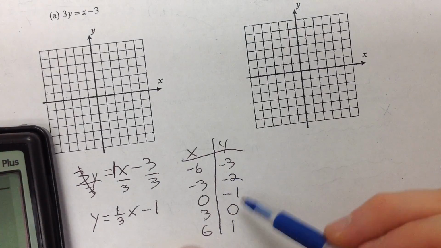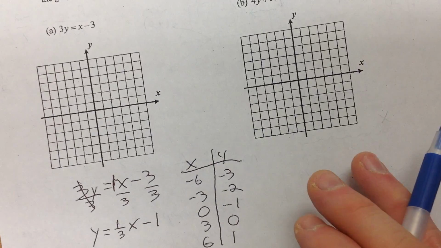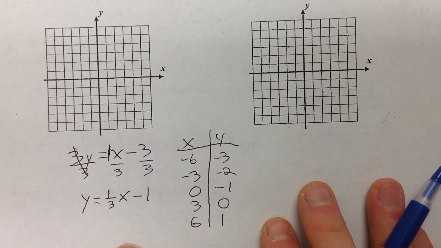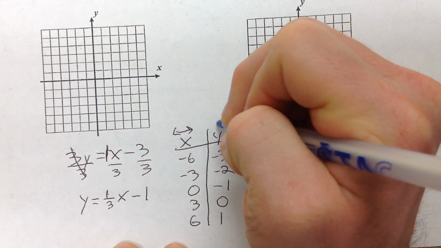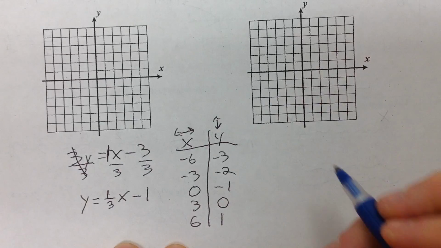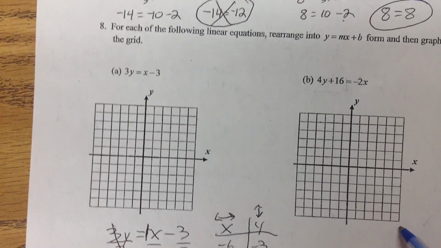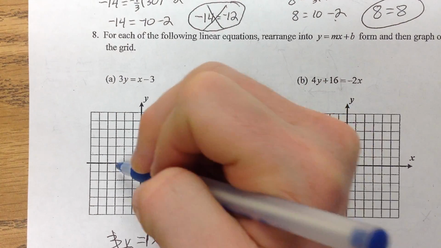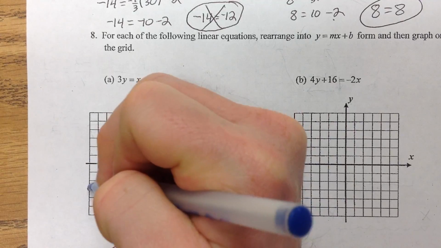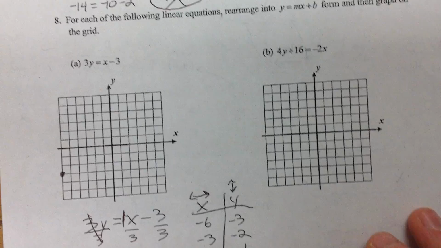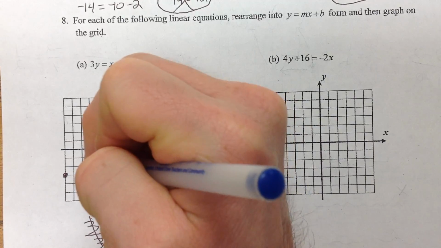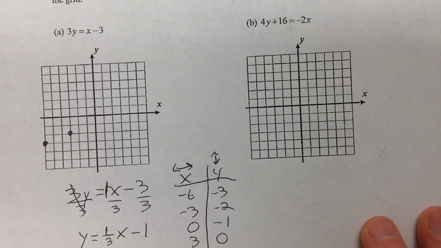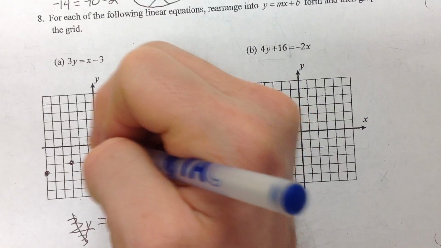Remember, the minimum that I'm usually looking for is 4, so at least have 4. And then it's just a matter of graphing these points. The x is your left to right, the y is your up and down. So -6, -3 would be back 6, down 3. -3, -2 would be back 3, down 2. 0, -1 would mean I don't go left to right at all.